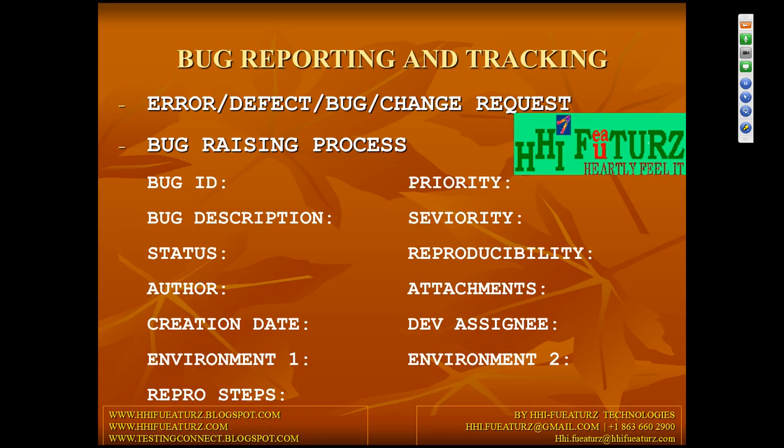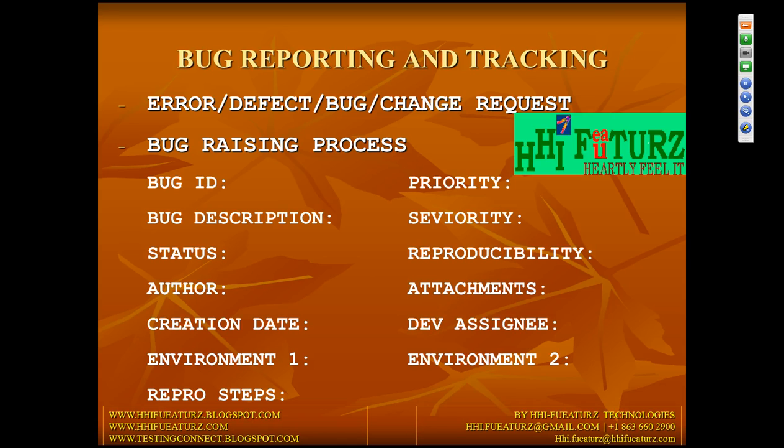Unable to navigate to Gmail homepage using correct credentials. As soon as the developer sees this description, he should understand exactly what issue you're talking about. You should give a clear and complete description.